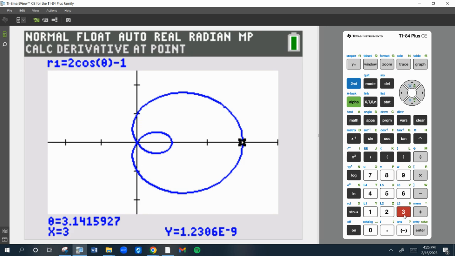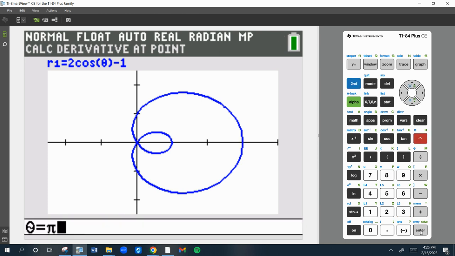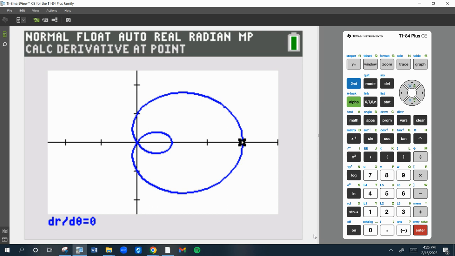So we know that theta is pi. It tells us dr/d theta is 0, which means the distance at that moment that it's changing from the origin is 0.